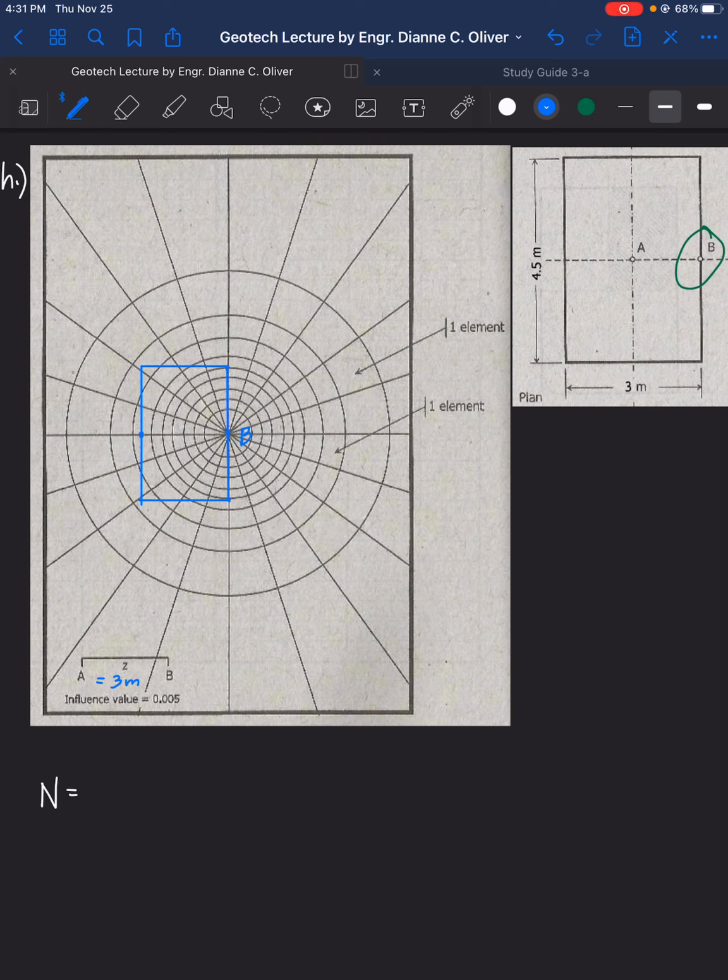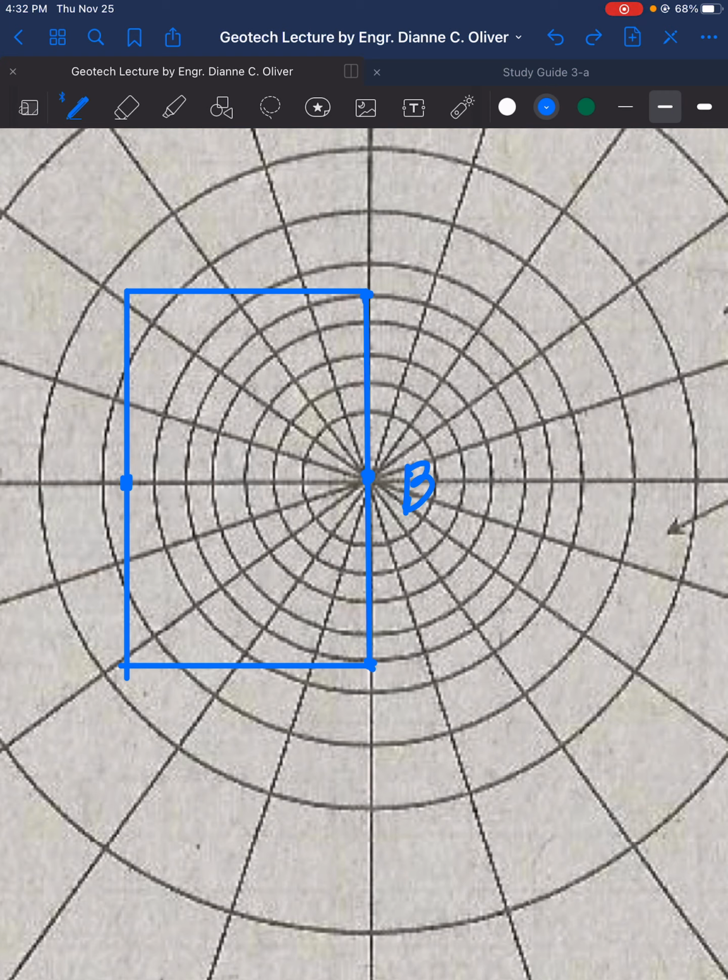Okay, let's start counting. Let's start here. 1, 2, 3, 4, 5, 6, 7, 8, 9, 10, 11, 12, 13, 14, 15, 16, 17, 18, 19, 20, 21, 22, 23, 24, 25, 26, 27, 28.